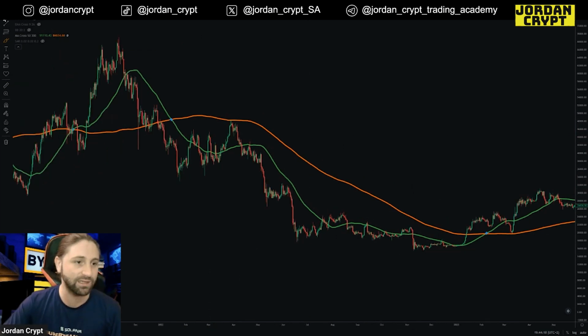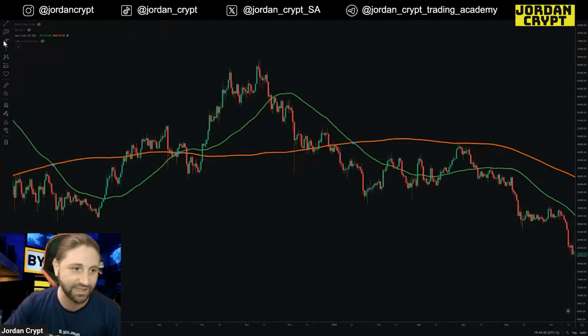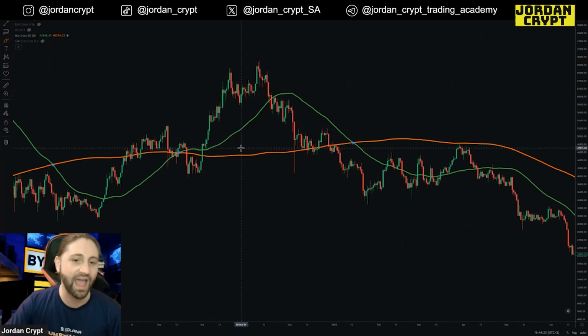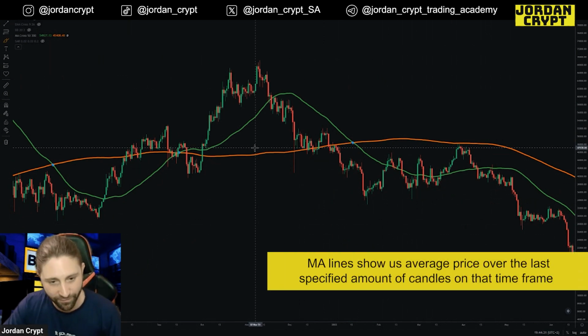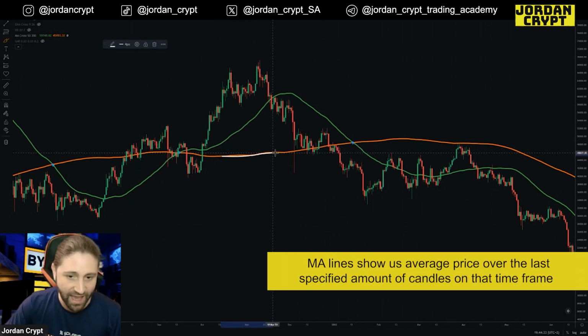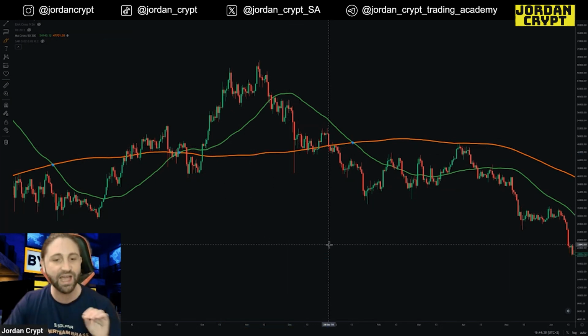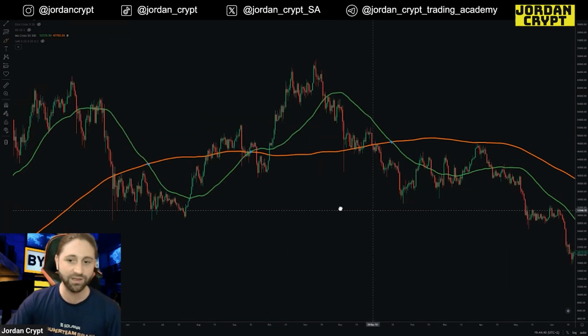And basically what this is telling us is that this line, this green line over here, is the average price over the last 50 candles on this time frame. This line is the average price over the last 200 candles. And this is absolutely magic for understanding the charts.